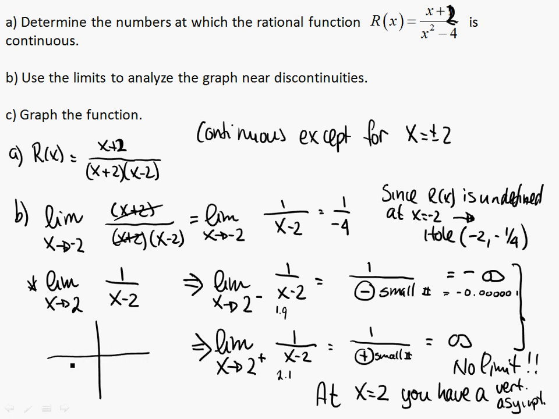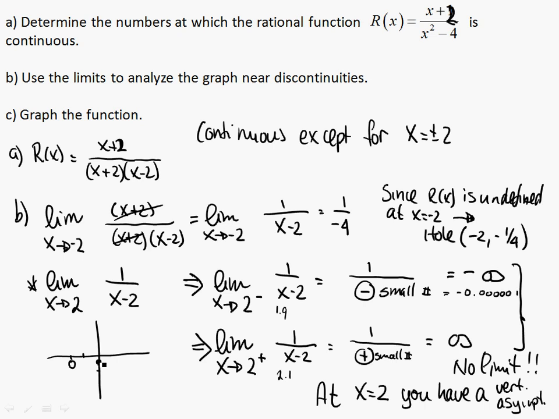You should know this has a horizontal asymptote, right? Because the degree in the top is 1 smaller than the bottom, so this is going to go to 0. So you know that at negative 2 you're at negative 1 over 4, so you have a hole over here. The y-intercept is easy to find, just do 1 over negative 2.